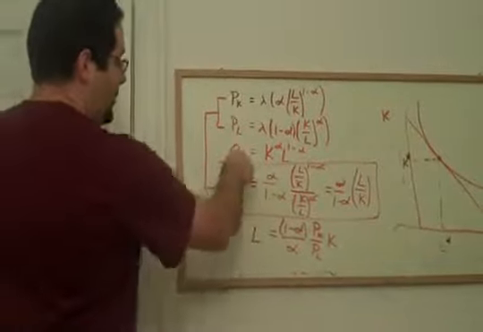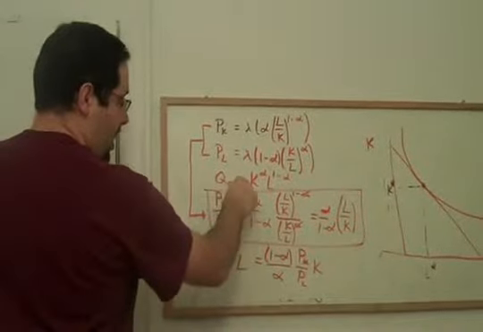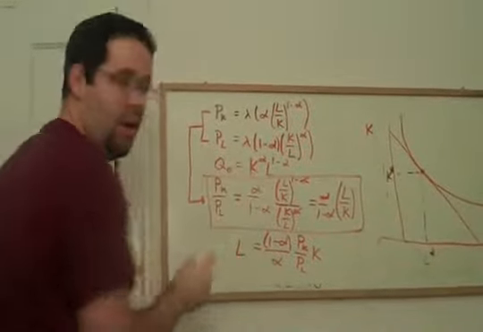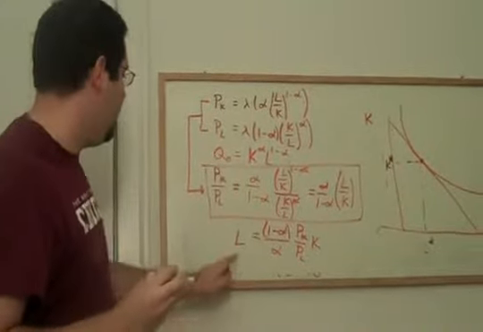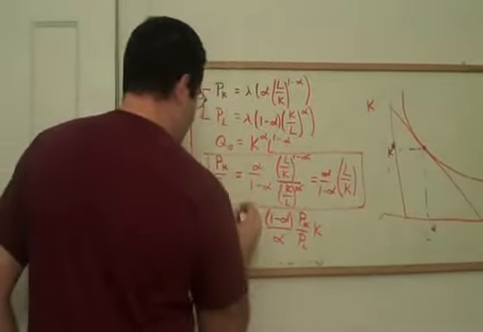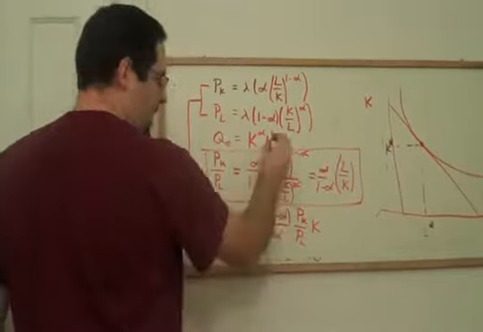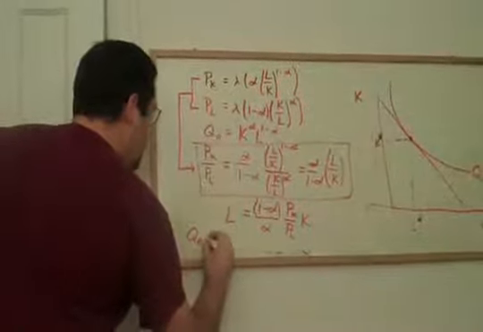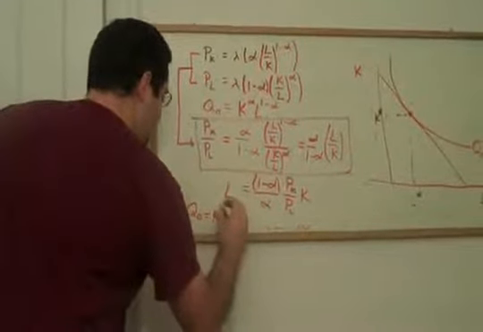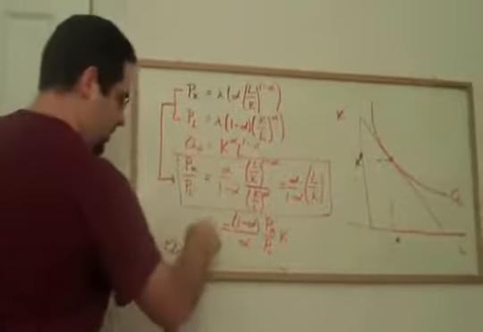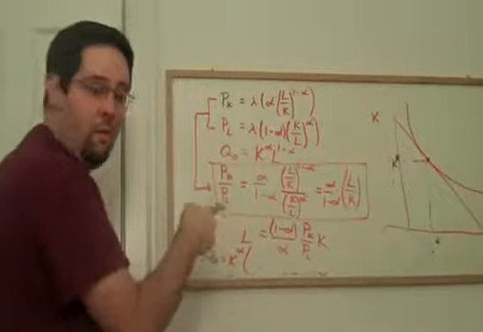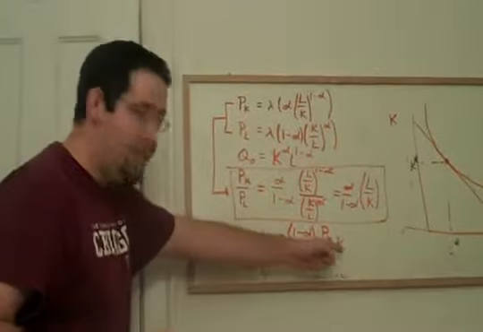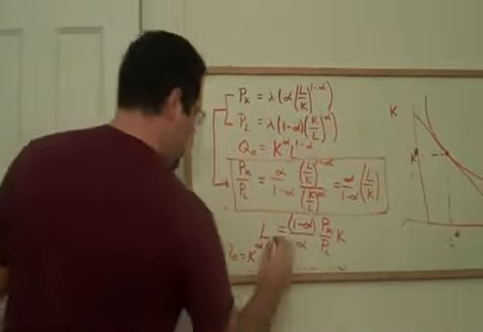And then the other equation we have is Q0 equals K to the alpha L to the 1 minus alpha. What we can do is take this and plug that back in. This will get Q0 equals K to the alpha. And then we'll substitute this expression for L, which is a function of just capital and the other parameters here.